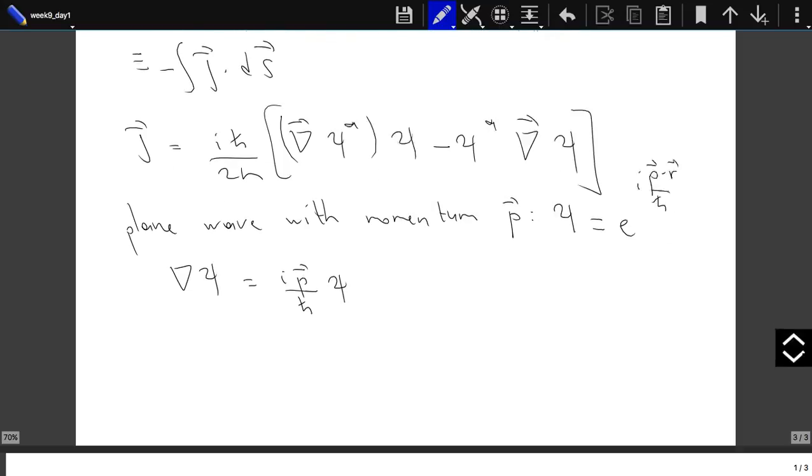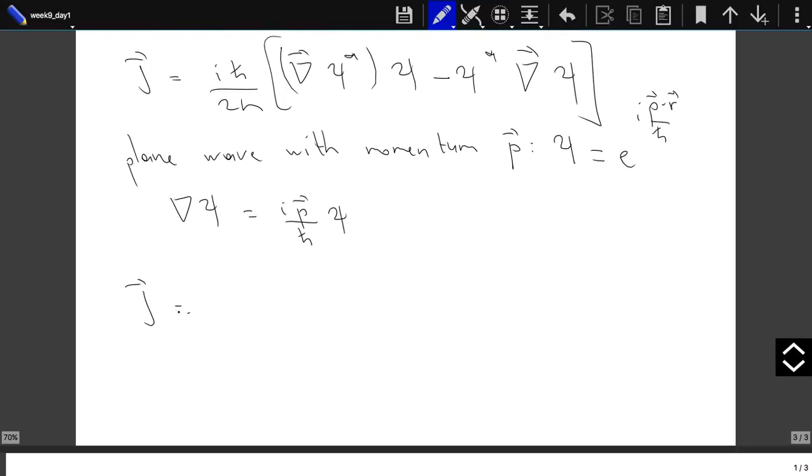So if we just put it above, J will be equal to i h bar over 2m. Gradient of psi star will be minus i P over h bar. Psi star psi is just 1. Minus gradient of psi is just i P over h bar.